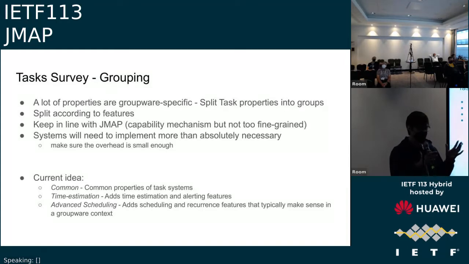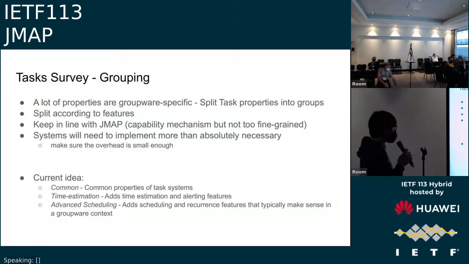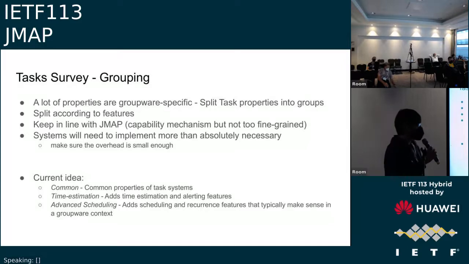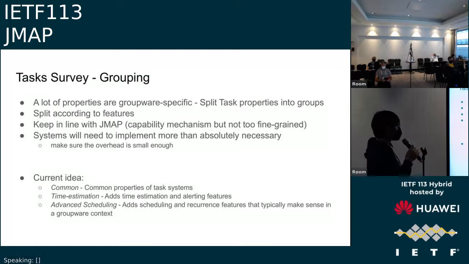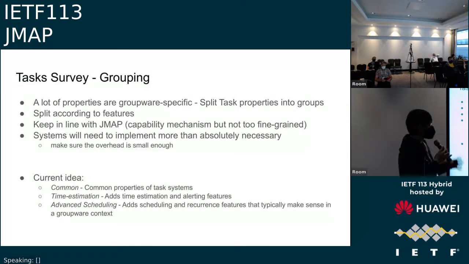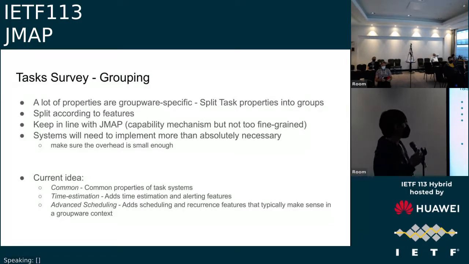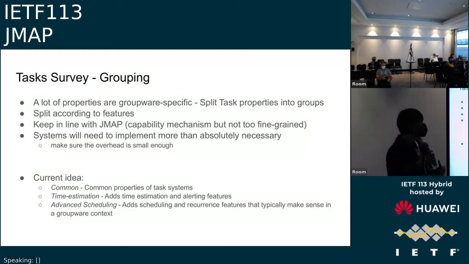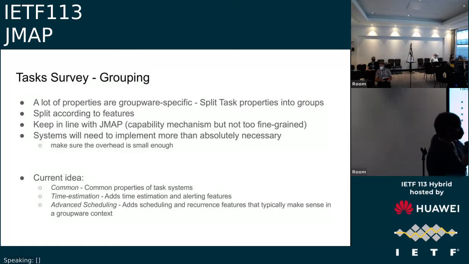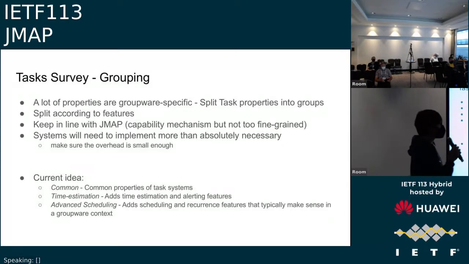For example, issue trackers typically don't want a scheduling mechanism built in, and recurring issues in an issue tracker are just not really a thing. So that's a big one that I wanted to discuss first, because I think it's a big change. It contains a lot of groupware-specific properties right now.